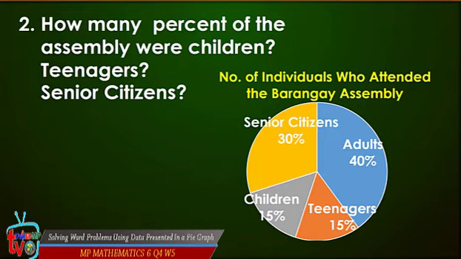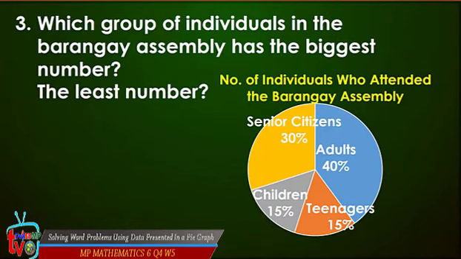Senior citizens? Number 3, which group of individuals in the barangay assembly has the biggest number? The least number.